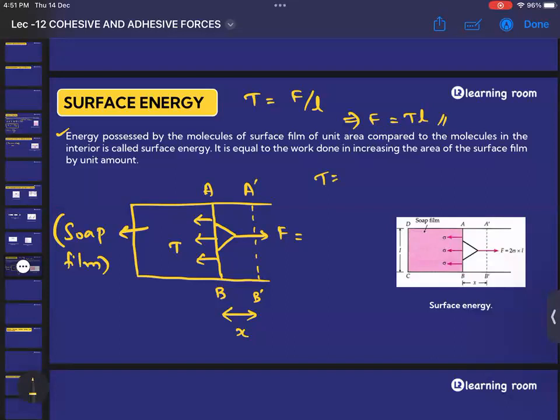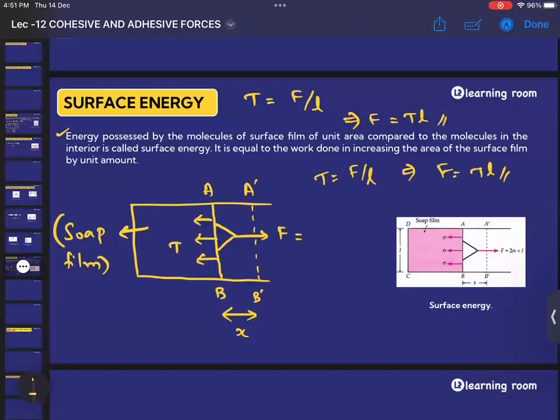We have a misconception that surface tension means force. No. Surface tension is the amount of force acting per unit length. It has a completely different unit: Newton per meter. So if surface tension T is equal to F by L, then the external force F will be equal to T into L. Am I right?